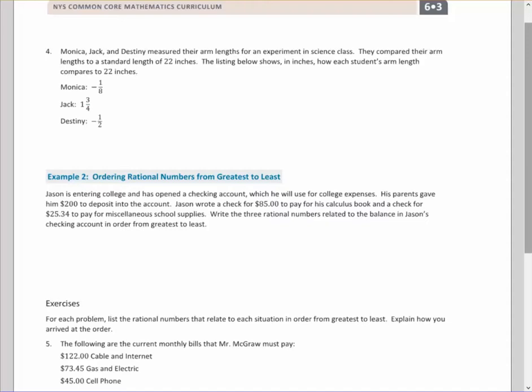All right, let's go. The listing below shows in inches how each student's arm length compares to 22 inches. So, Monica, it says negative 1/8 inch, right? So that means, like Jack, for example, he does not have an arm length that's 1 3/4 inches long. That would be unfortunate for Jack, right?